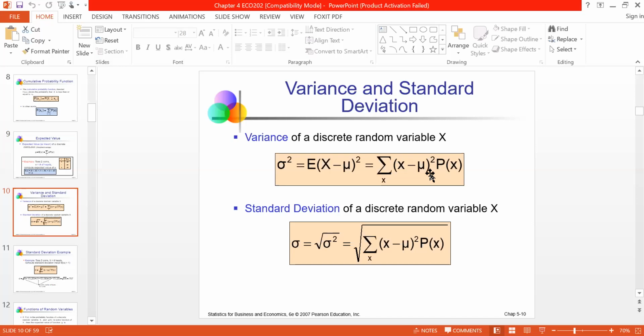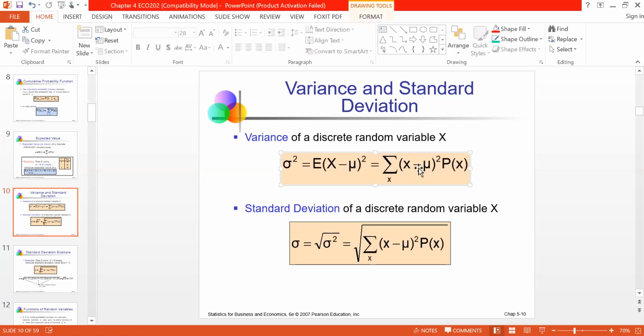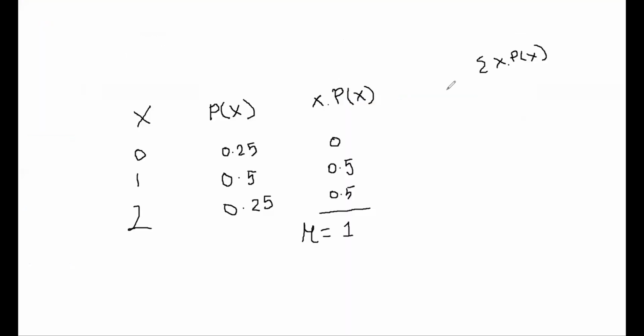That means you have to subtract mu from each of the x's, square it, and then multiply it with the probabilities. Yes, it sounds a bit complicated, but when you do it in the table, it is quite easy and less time consuming. So I will show it again on the whiteboard.